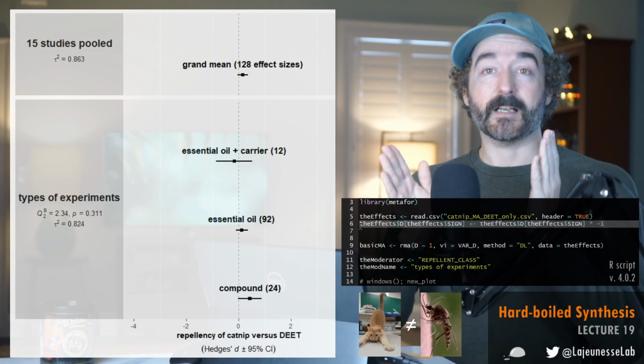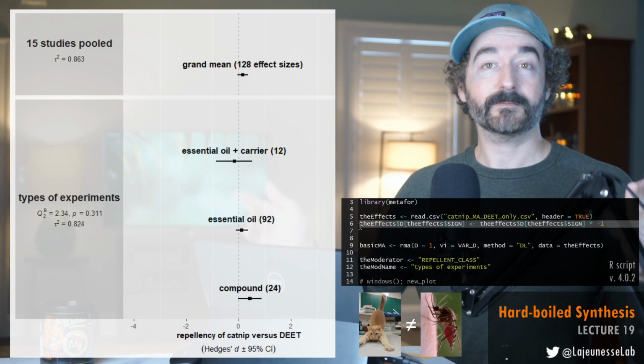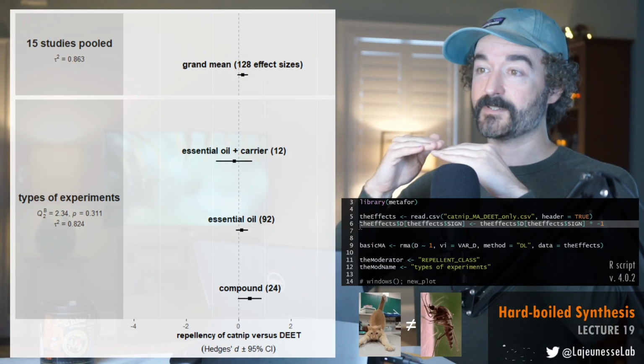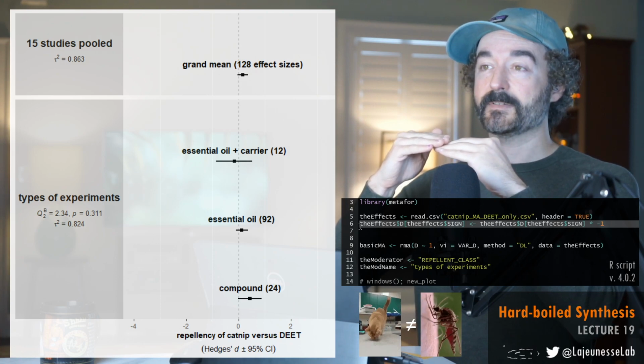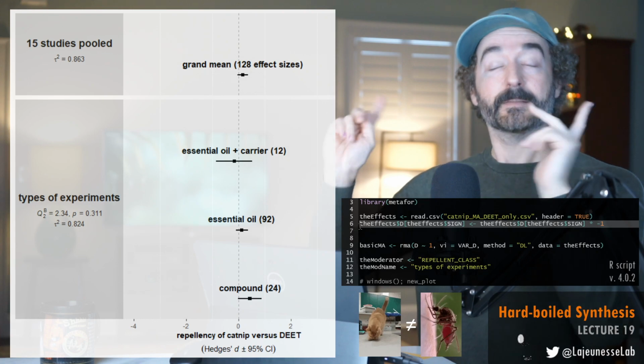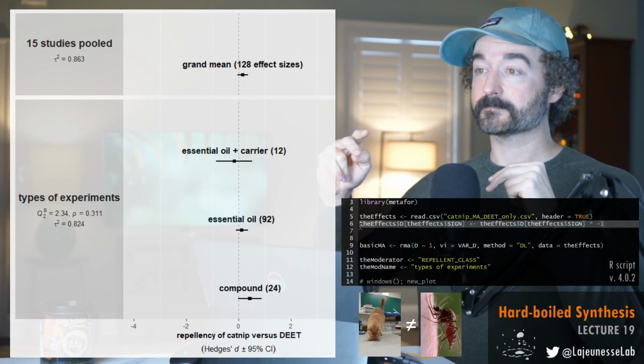So what you're going to see is the analyses are going to report the grand mean, just like a grand mean meta-analysis like we did in the last lecture, which is just a straight up weighted average across all effects while accounting for the between study variability.